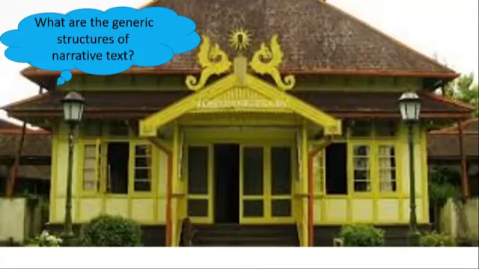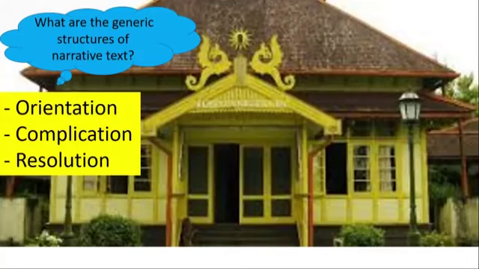Okay, second, what are the generic structures of narrative text? The generic structures of narrative text are orientations, complications, and resolutions.